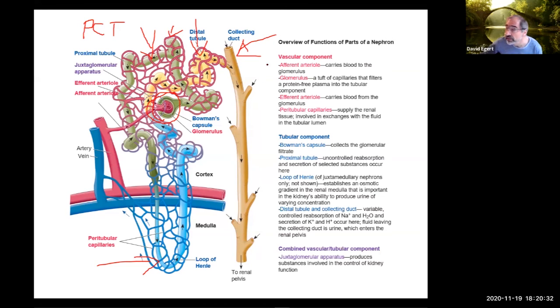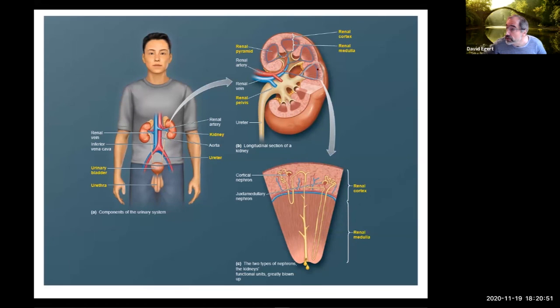You can have more than one nephron go into one collecting duct, but the important thing about the collecting duct is it's going down through that high osmolarity area. To get out of the kidney, it has to go through the medulla. So as we go down through here, we're going through that super salty area.